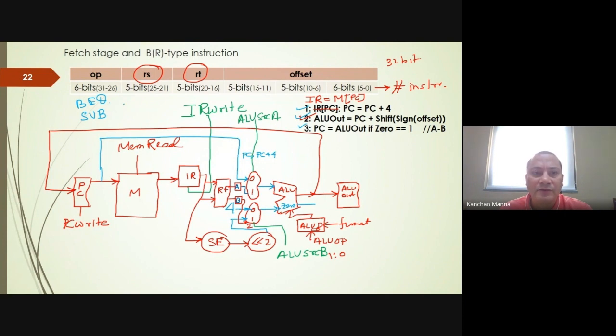If the values of R1 and R2 are the same and we store the result in R3, that time also this zero flag would be activated. So the zero flag can be activated for more than one instruction. Now we have to say we want the zero flag only when this is a BEQ or branch instruction. So logically, if this is a BEQ instruction and the zero flag is 1, then we'll load.